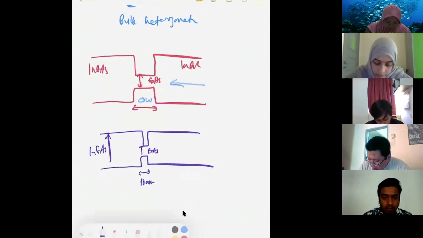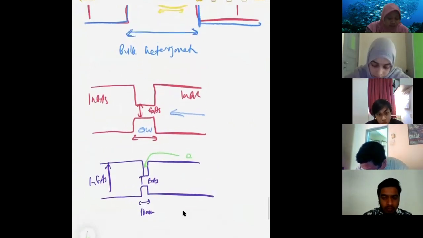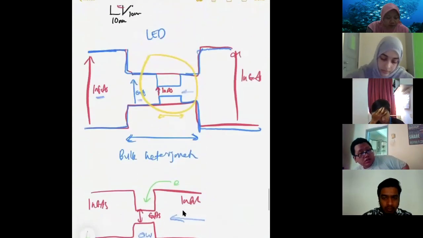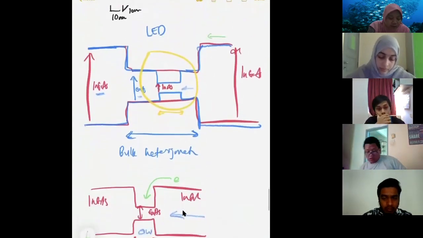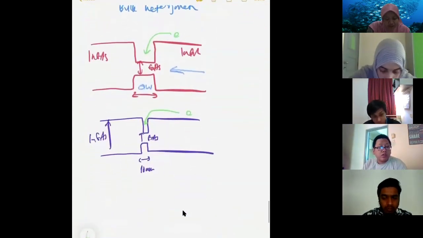When carriers travel, they will be trapped inside the quantum dot. The electron will be trapped inside the quantum well. In a heterojunction, it will be trapped inside the bulk. But you can see the quantum dot is the best because it will trap, and the electron will not move and will recombine here.